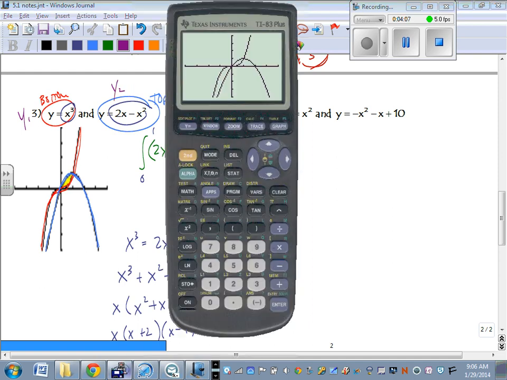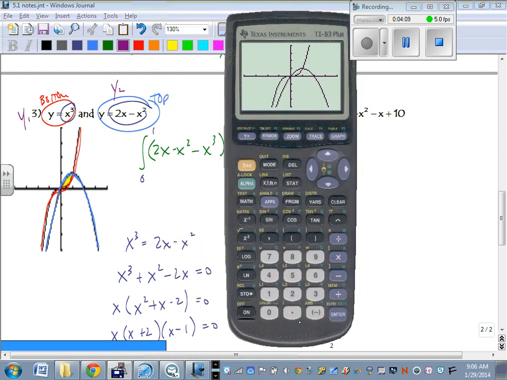So let's go back to our calculator. I'm going to do math 9 to set up my definite integral, but I'm not going to type this in. What I'm going to do is y2 minus y1. So if we have complicated graphs that we're graphing, and we put them in for y1, y2, instead of having to type those equations in again, we can just use what's there.